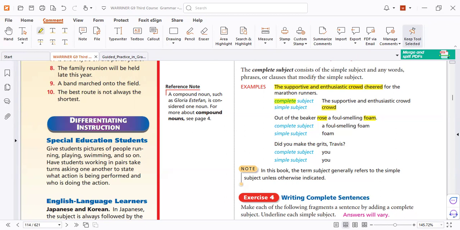By logic, why is beaker not the subject? Because it's not the thing that got out. It's not the thing that did the verb. So logically it's not.